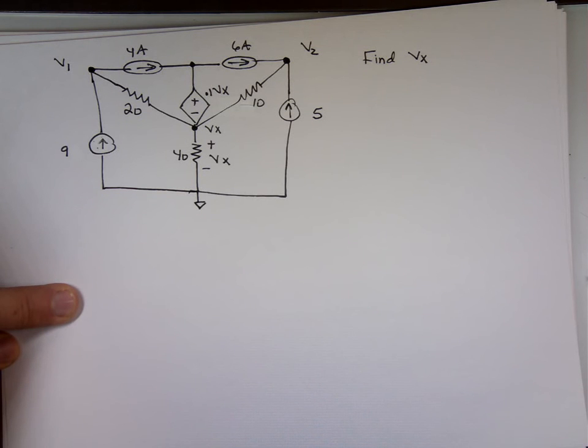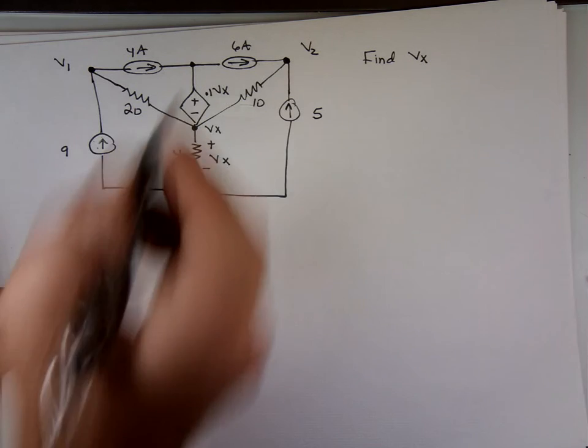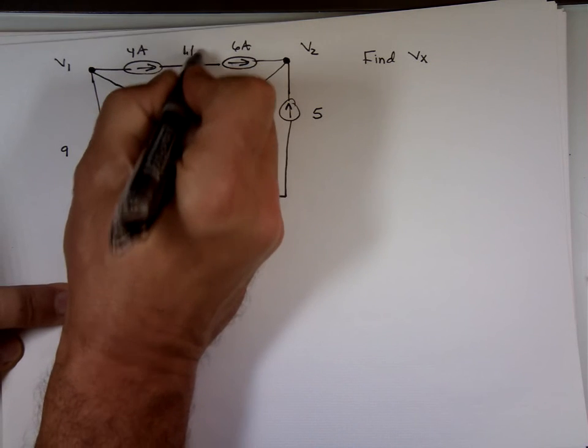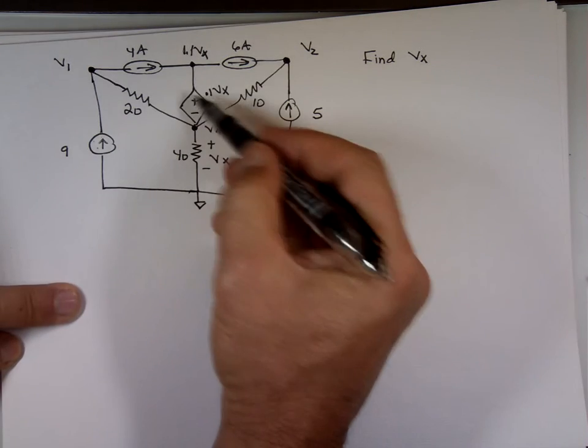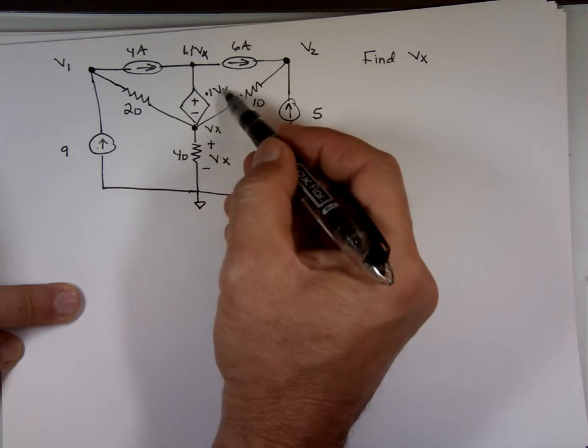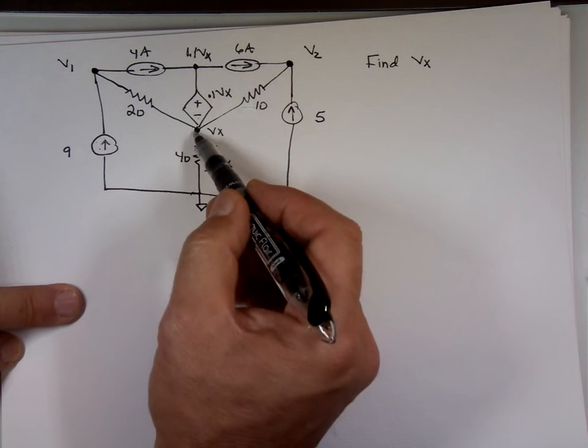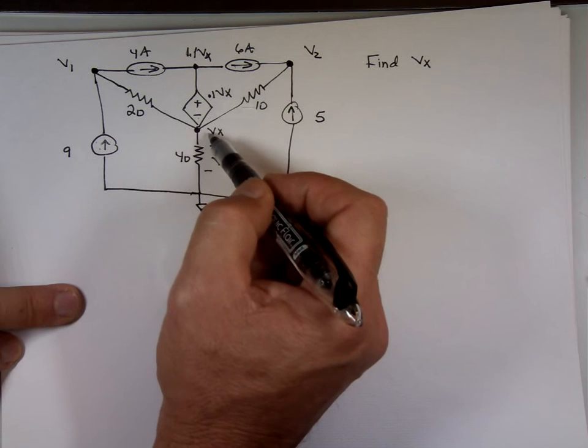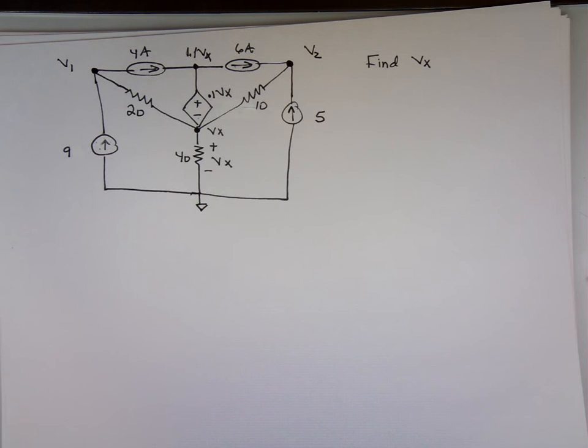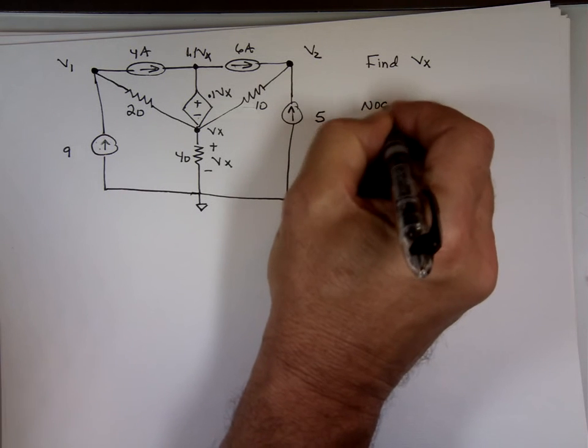Well, think again. Isn't it 1.1 Vx? Because this end is higher than that end by 0.1 Vx. So if this is Vx, this is 0.1 more than that, which is 1.1. So how many unknowns do you see there? V1, Vx, and V2. So with nodal, this will be 3 equations by 3 unknowns.